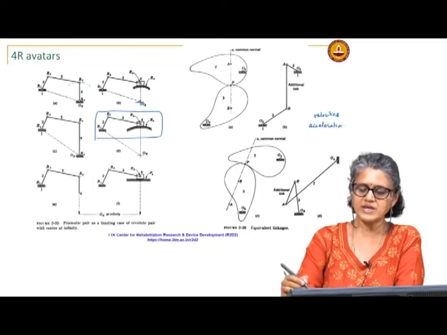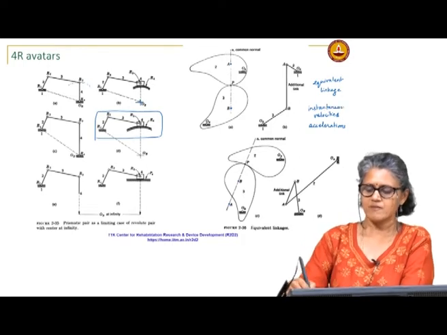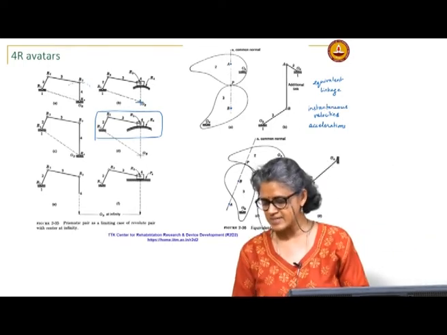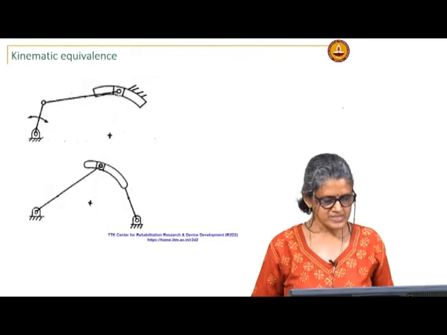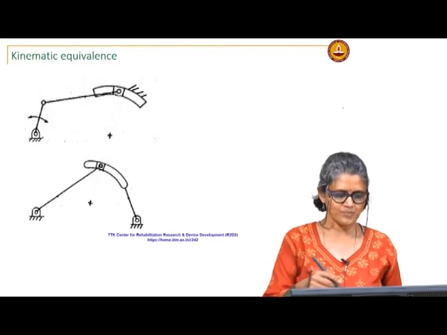This kind of an equivalent linkage can be used to compute instantaneous velocities and accelerations. Here are some more examples similar to what I just showed you.